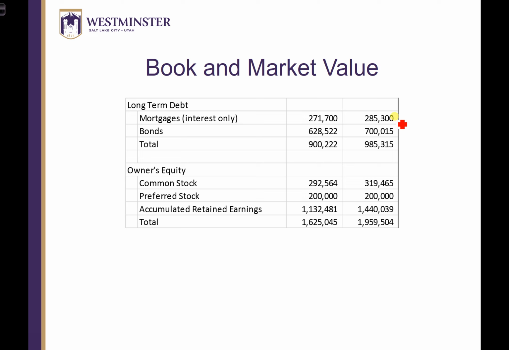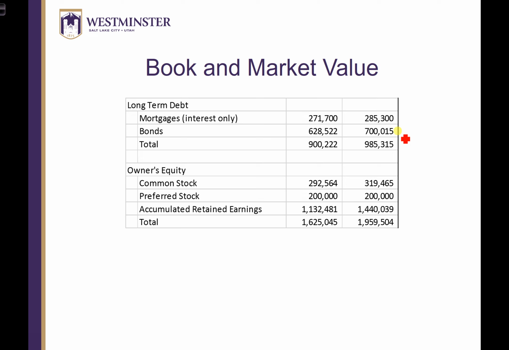These are interest-only mortgages, and you can see that the company had increased its mortgage balances, or the amount of money it borrowed through mortgages, from 2013 to 2014, just as it has some of the other elements here as well. Similarly, the company has $700,015 in outstanding bonds.